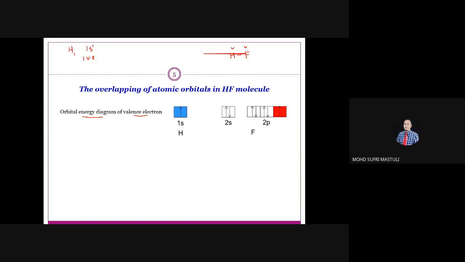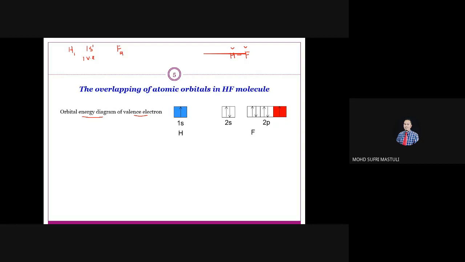For the fluorine, we know the total number of electrons of fluorine is 9.